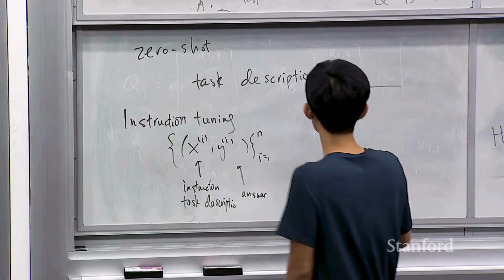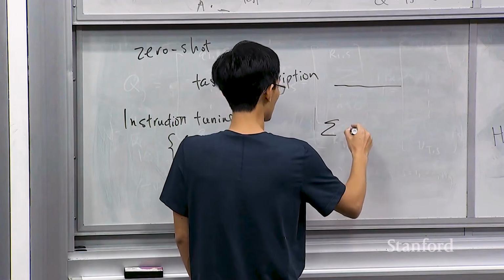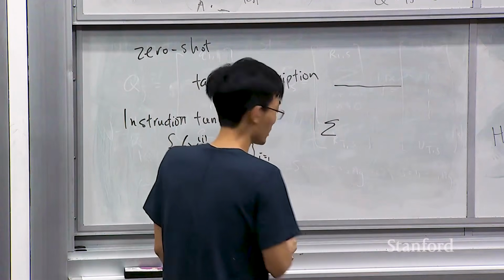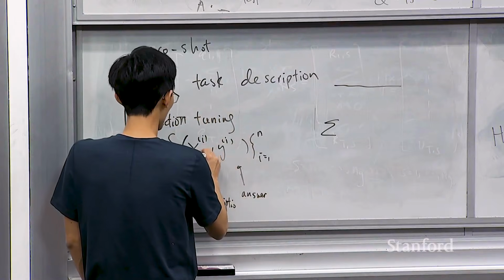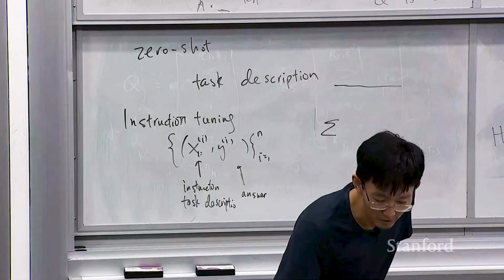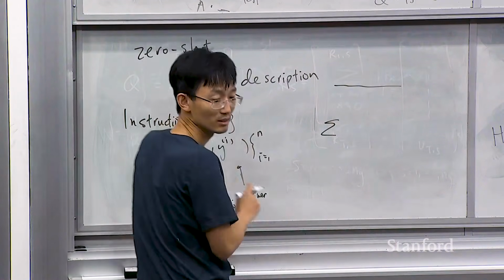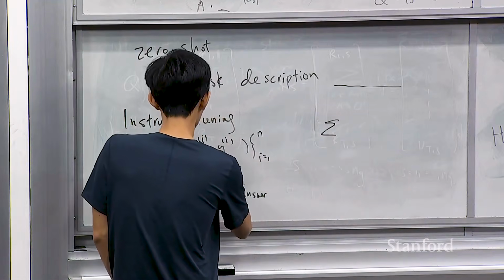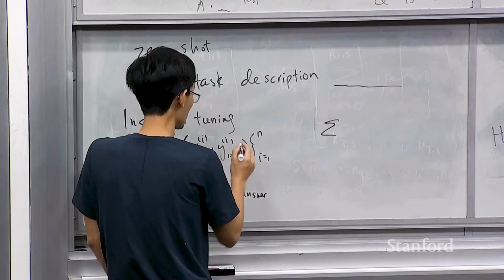So basically you say, I'm going to have a loss function. There are |x_i| tokens in x, and there are, say, T_i tokens in y.